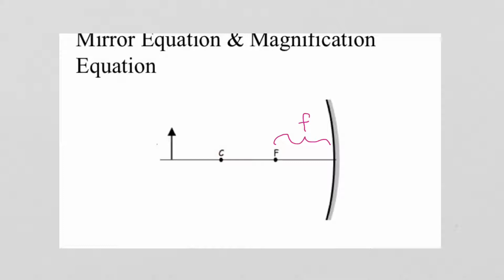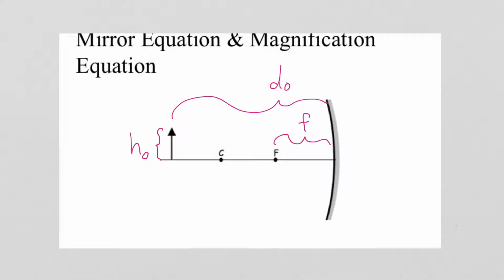Another distance that we can describe is the distance of the object, or d sub o, right? This arrow here is representing our object. In a similar way, we can talk about the height of our object as h sub o.